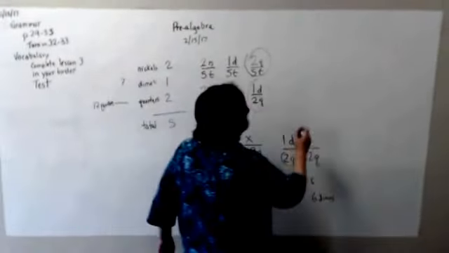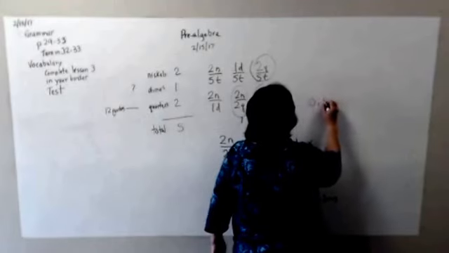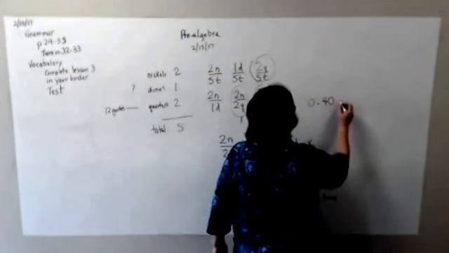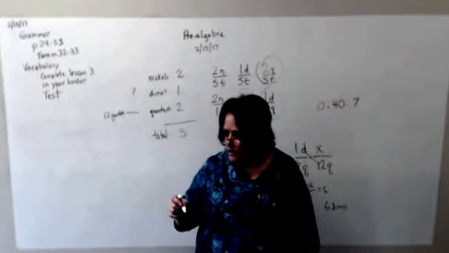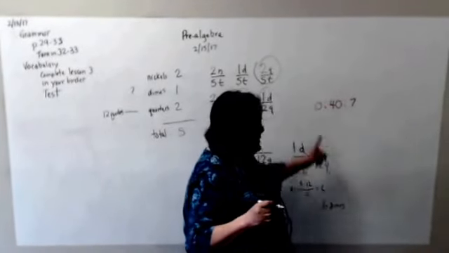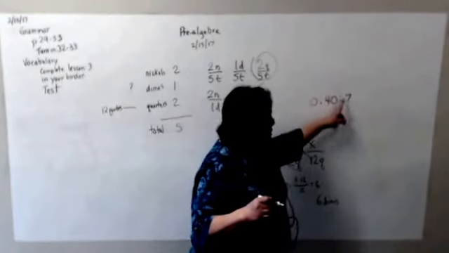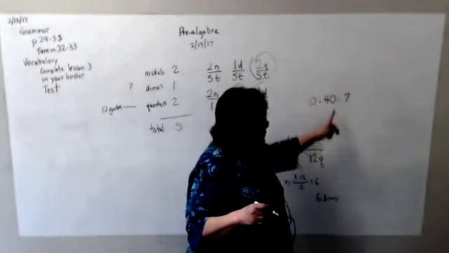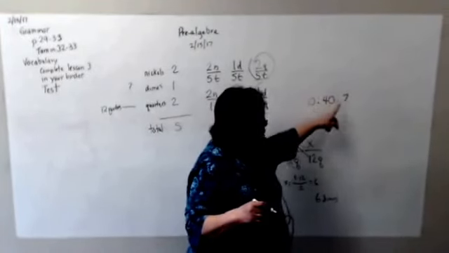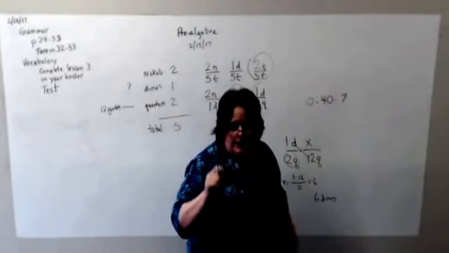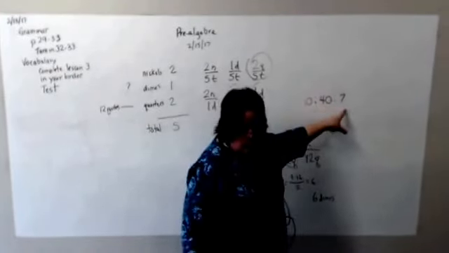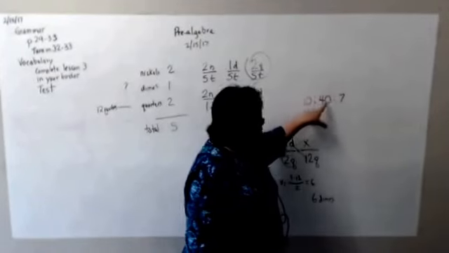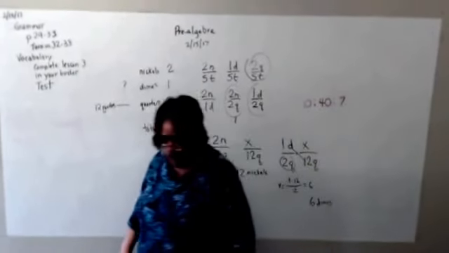Because there are 10 stars to 40 hearts, I think it is, to 7 circles. This is the answer. They tell you that there are 40 hearts, 10 stars, and 7 circles. Then they say, what is the ratio of stars to hearts to circles? So you put stars to hearts to circles.